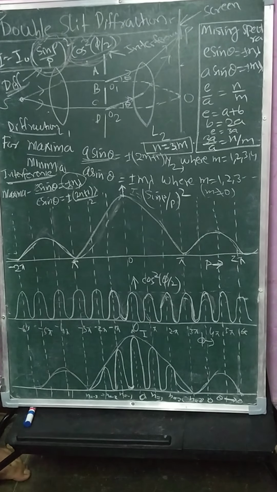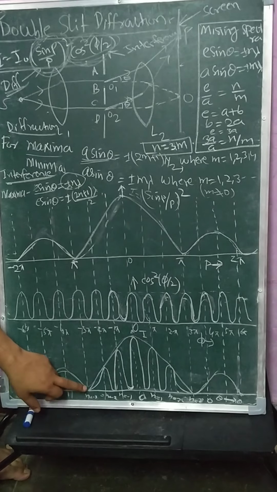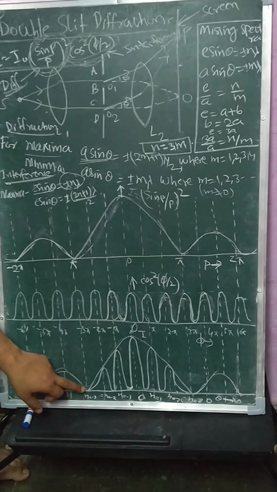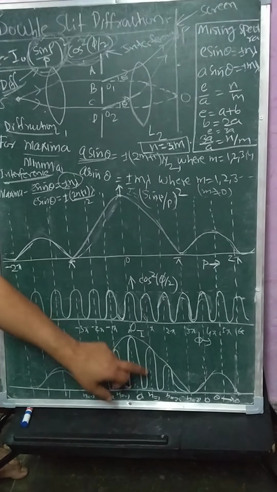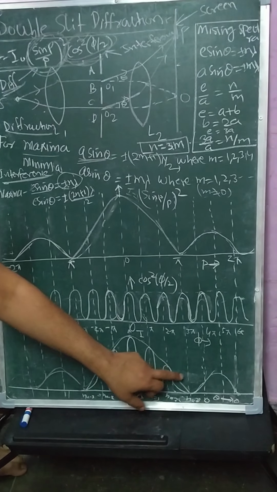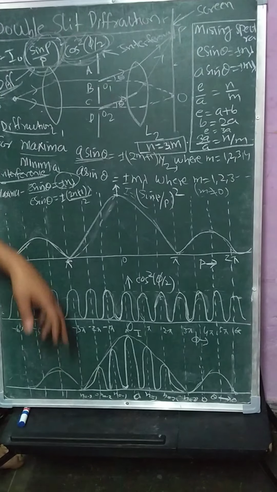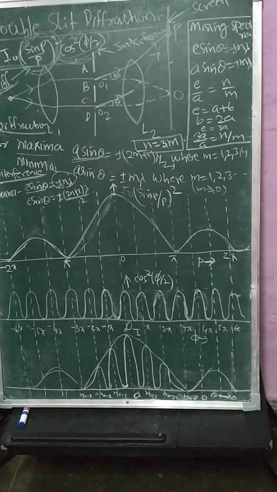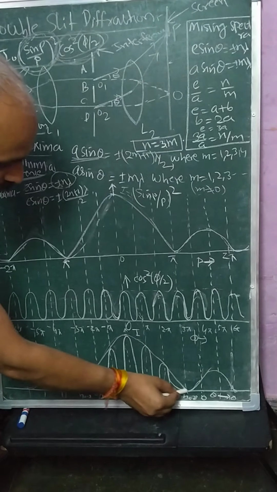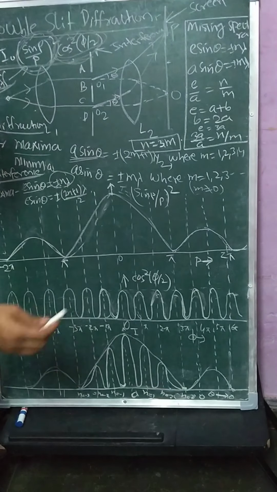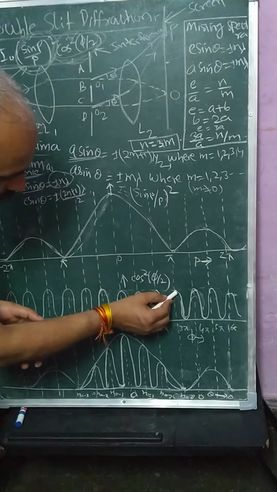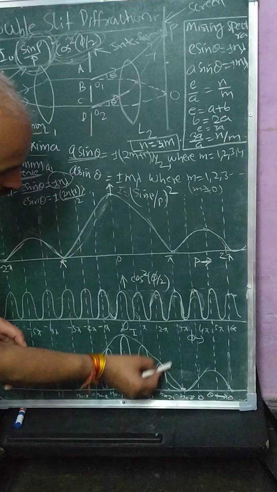So find out the missing spectra: n equal to 3 is missing. Both sides this, but they are not here because the boundary touches 0. So please find the missing spectra condition. This point is the condition of maximum in case of interference.